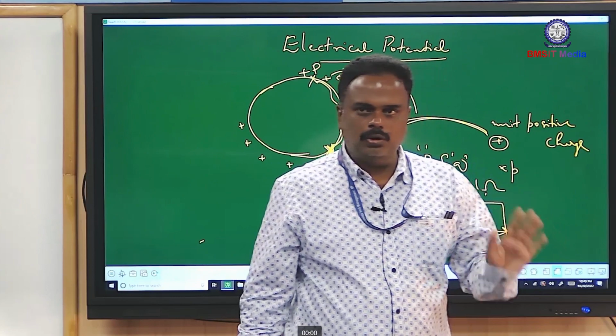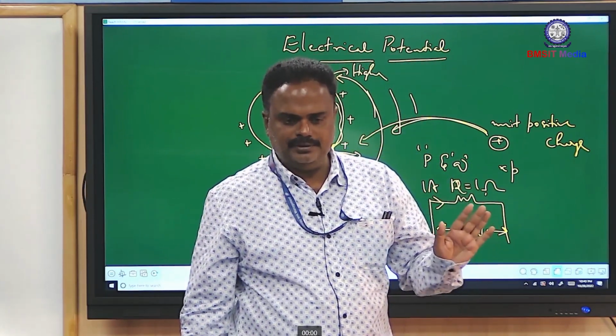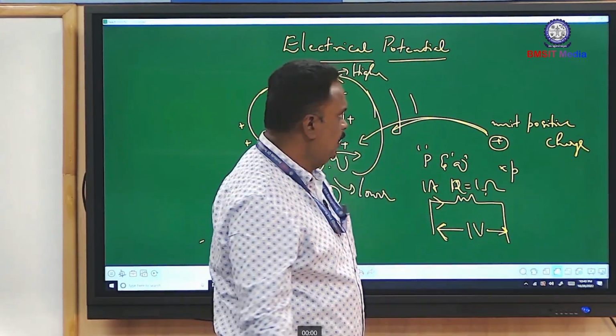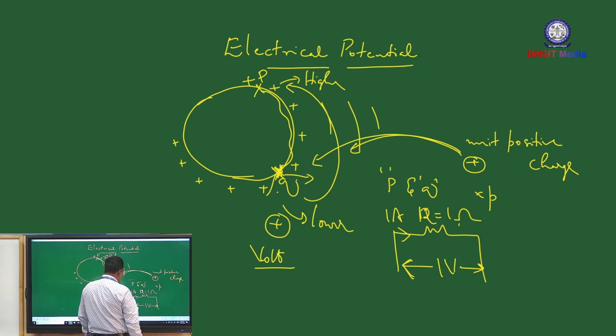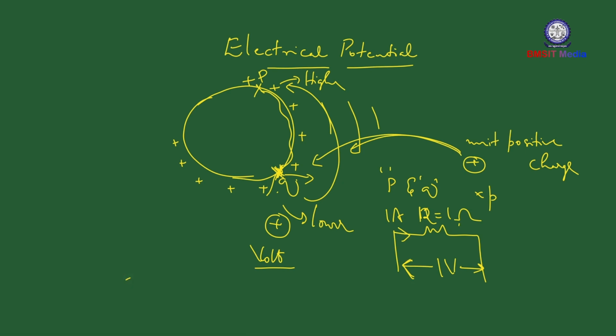This is called 1 volt, and the unit of potential difference is volt. This is about electric potential and potential difference.